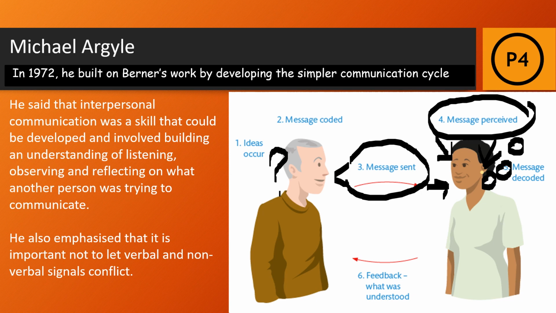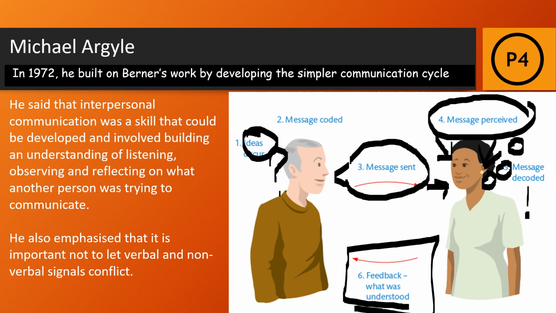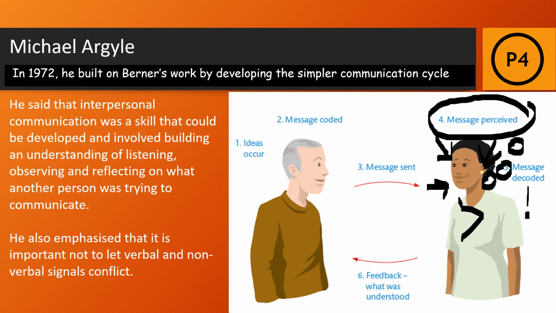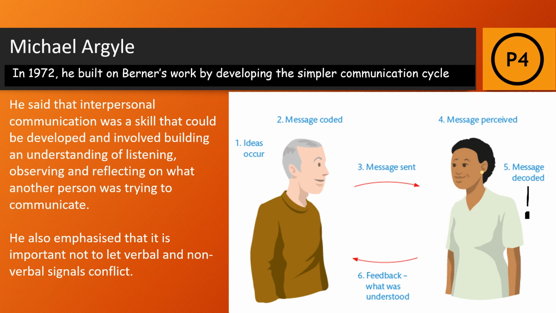They decode the message and break it down, and then they would provide feedback with those communication techniques of agreement or nods to show that they understand. And then the process would repeat. So the idea is formed, code it, send it, receive, and it's a back and forth between these two characters. Now this is obviously a really good communication technique, and again it builds on the work of Berner, as I say. So it's the same process, just presented differently.